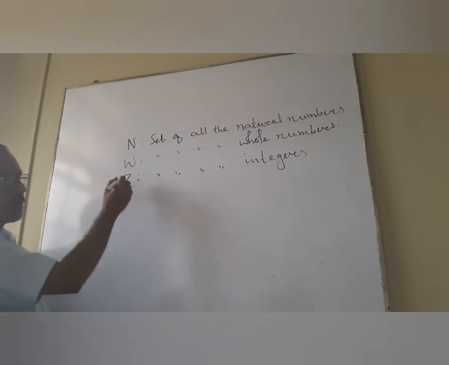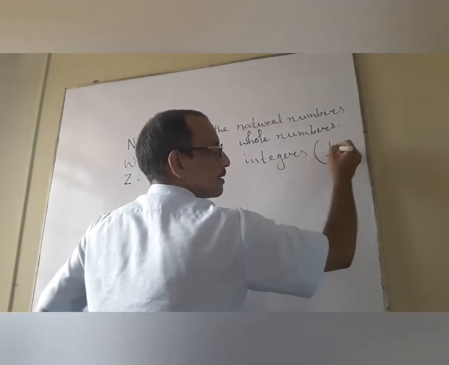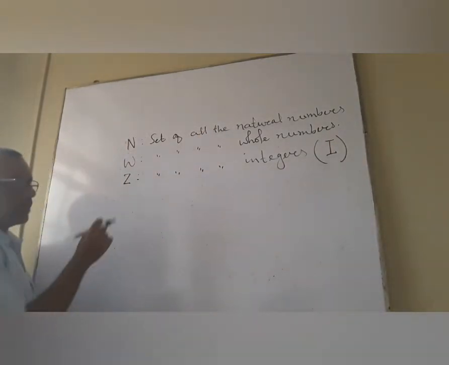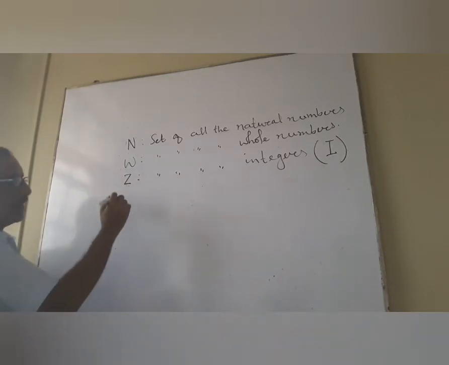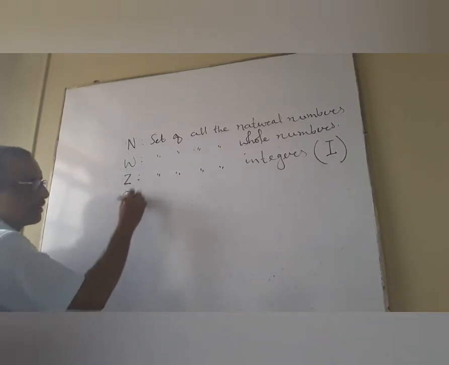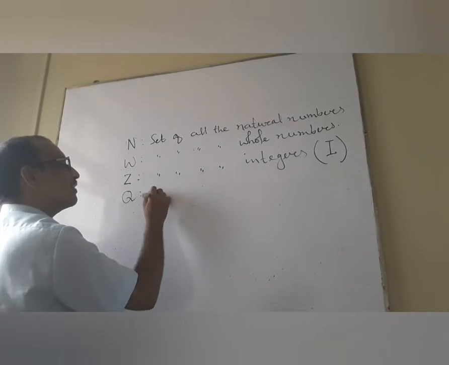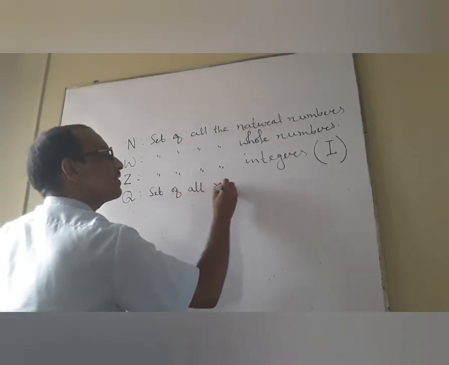Sometimes you see that we write capital I also, the first letter of integer, but most of the time we write Z. Then we use Q. Q represents the set of all rational numbers.